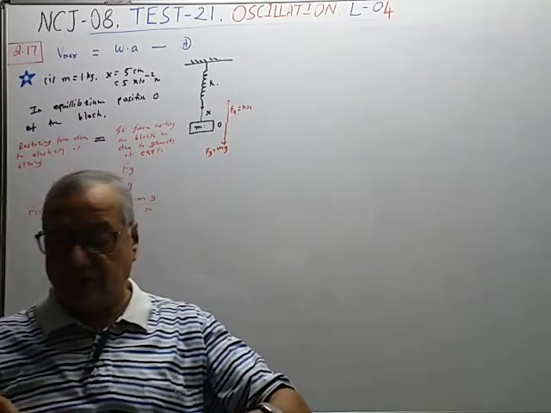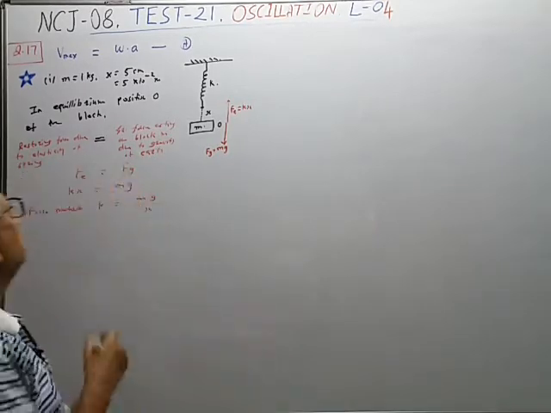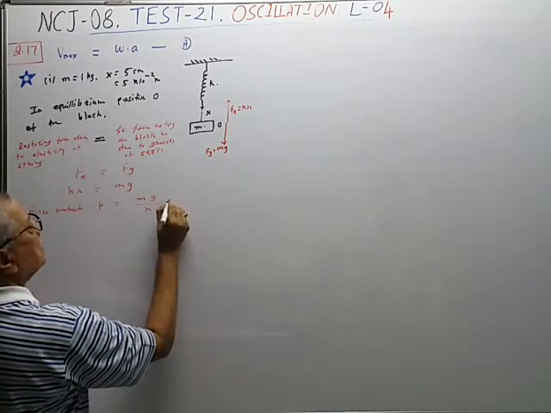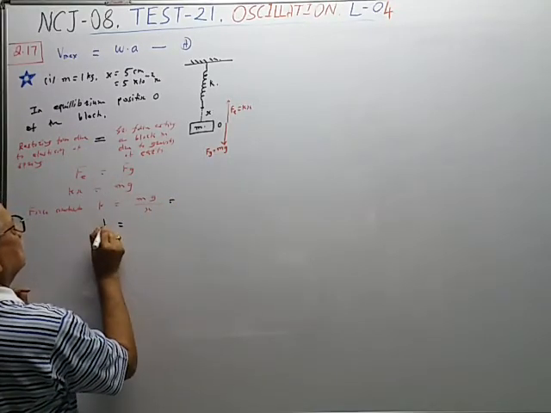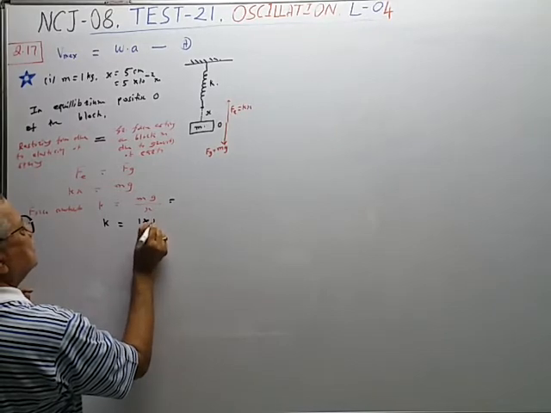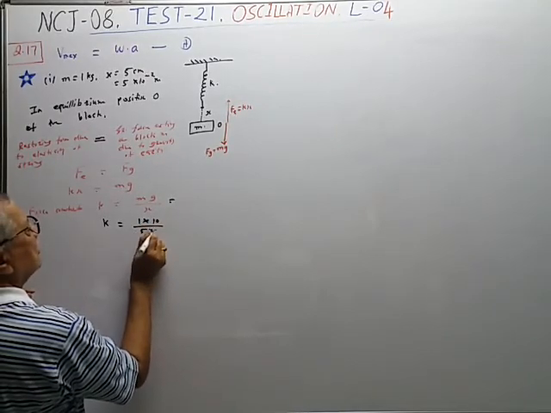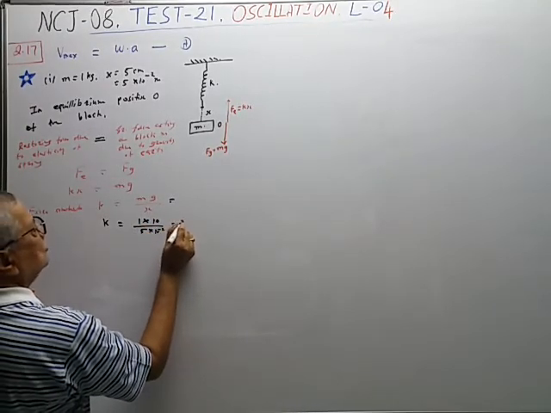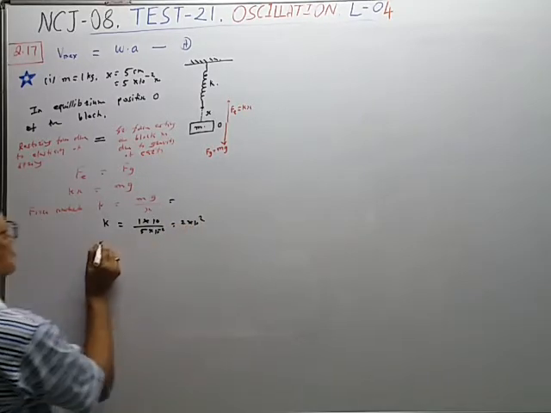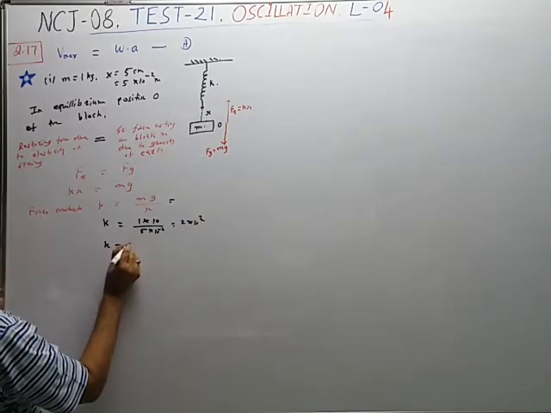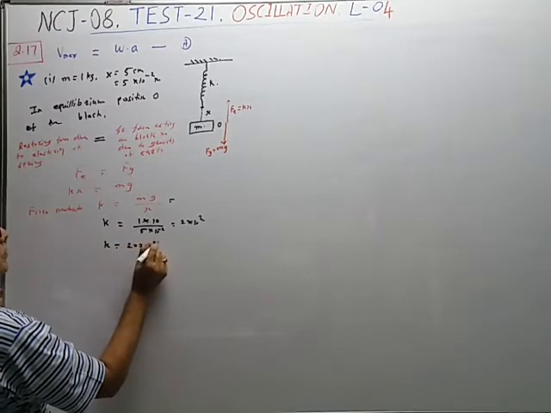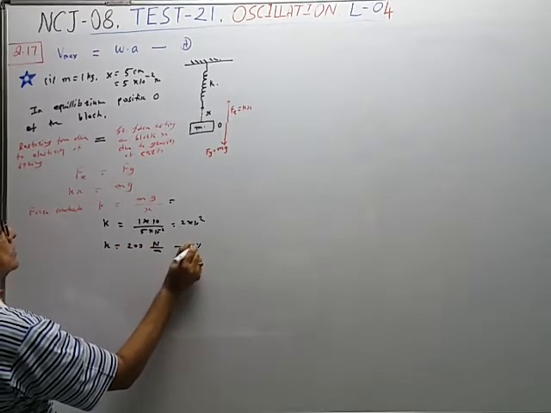So substitute the values. M is equal to 1 kilogram multiplied by g, 10, and x is 5 into 10 raised to minus 2. So this is 2 into 10 raised to 2. So K is equal to 200 Newton per meter. This is the question 1.